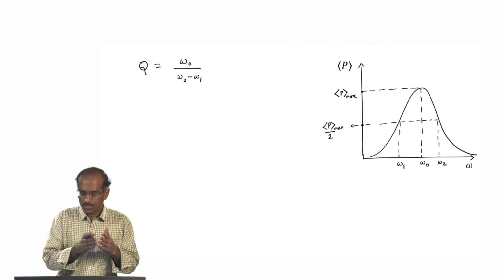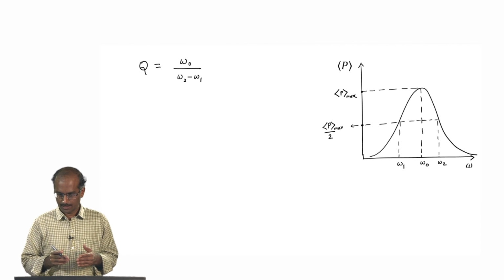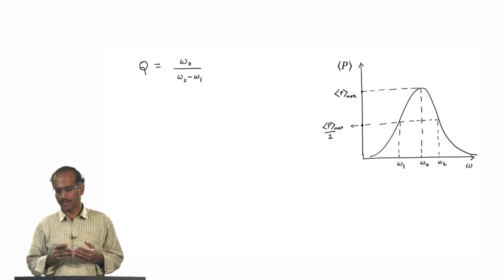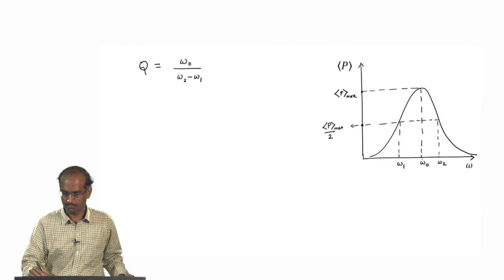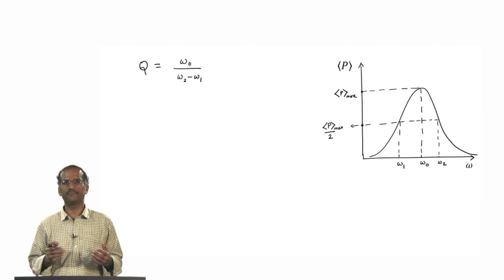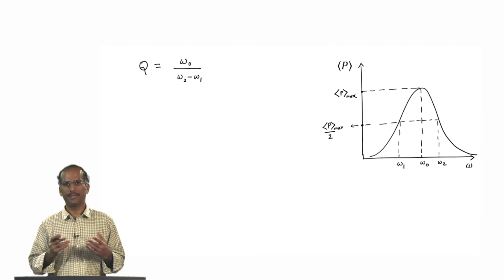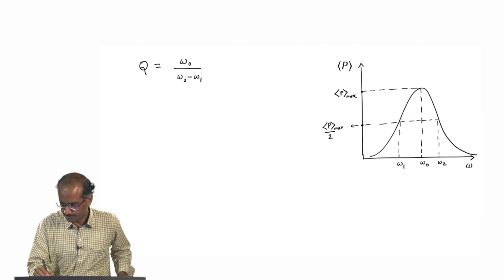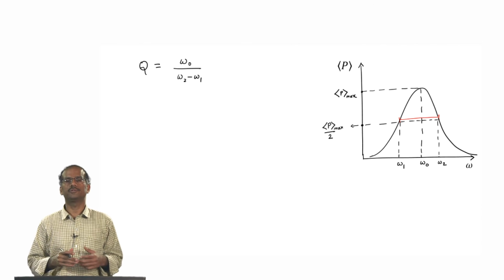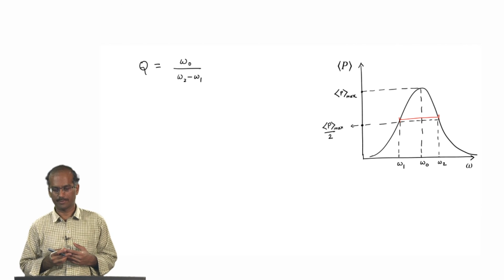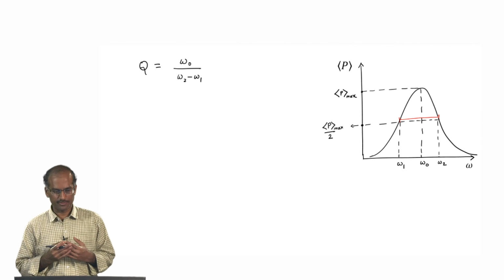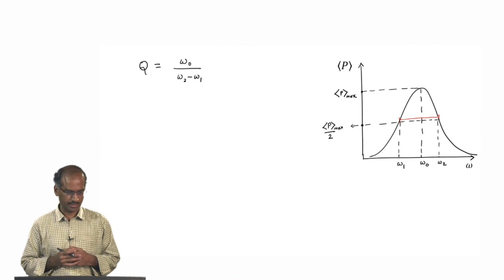So, my Q value definition says that it is simply omega 0, which is the value of driving frequency corresponding to the peak power being supplied to the oscillator, divided by this width, which is often called the full width at half maximum. That is the definition of Q value in this case.